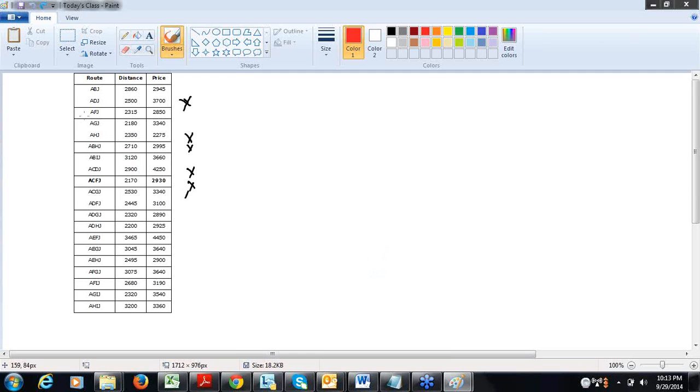So you have to find first minimum cost. Minimum cost we have already found out. What was the minimum cost? Minimum cost was for the route AHJ. AHJ, the minimum cost was 2275.